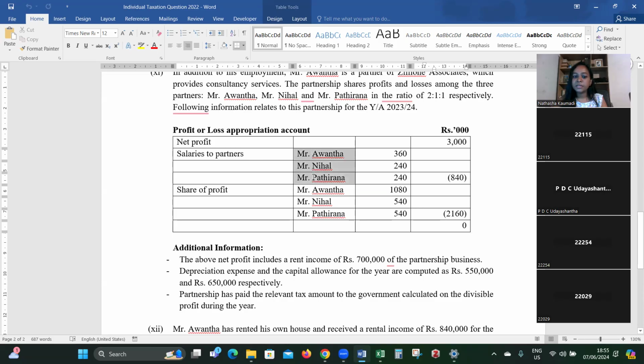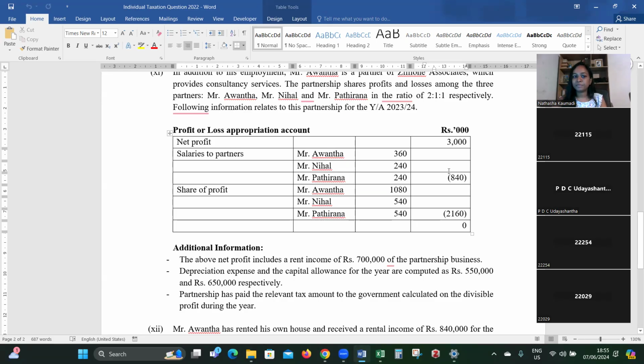There are three partners, Avanta, Nihal and Patirana, and the numbers have been given, altogether 840. So as you can see, this 840 has been deducted from 3,000.